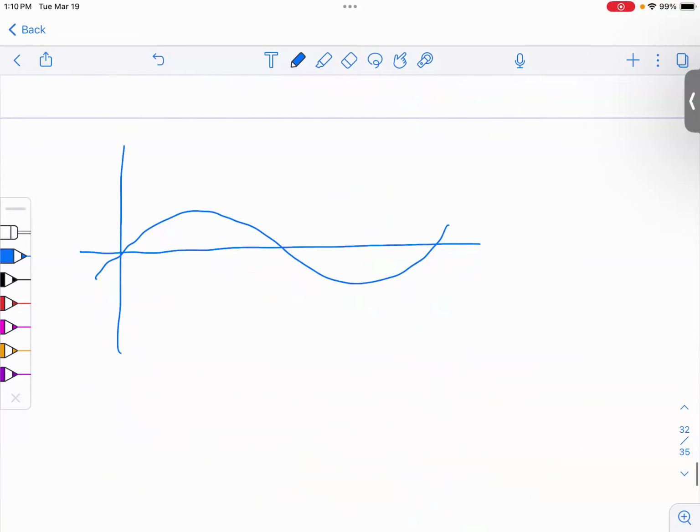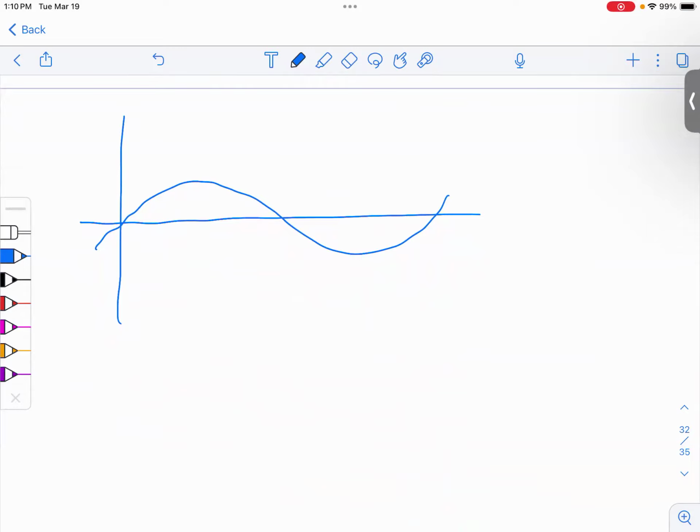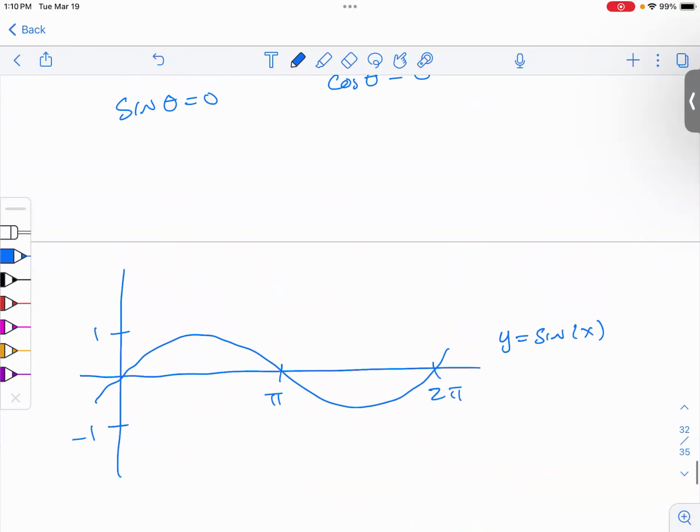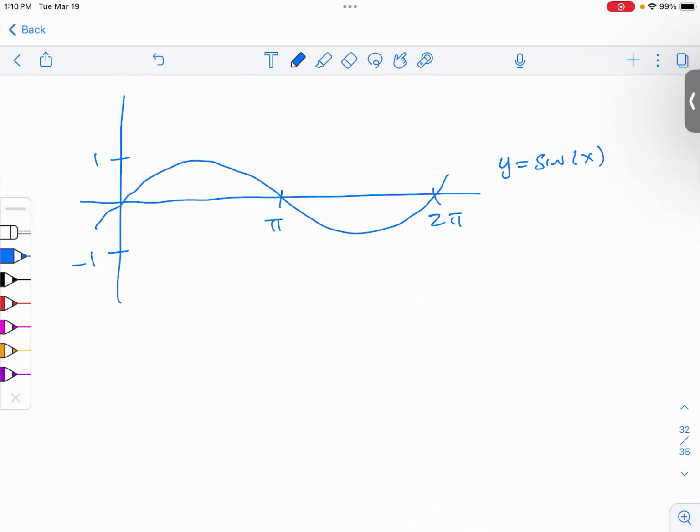Okay, just making sure. All right, so this one we're solving sine theta equals 0. So for what angles is the function equal to 0?